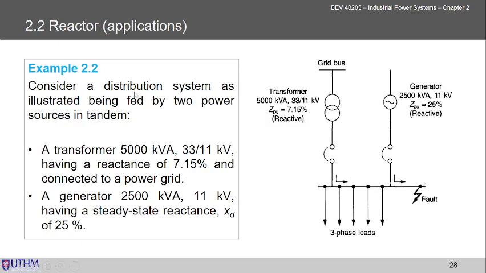The second example considers a distribution system like this one. You have a grid connected here, with a step-down transformer, 33 to 11 kV, with a percentage Z of 7.15%. Another source is running in parallel, a generator, operating together with it. The generator is 2.5 MVA, 11 kV, and the percentage Z is 25%.